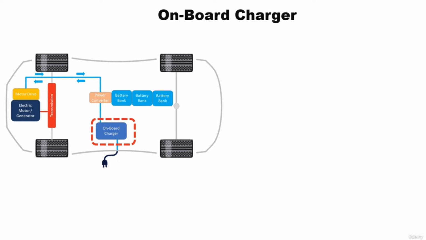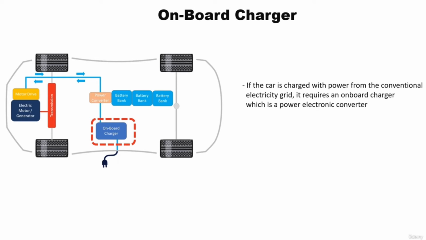If the car is charged with the power from the conventional electricity grid, it requires an onboard charger, which is a power electronic converter. A power converter is made of high power semiconductor devices, which act as high-speed switches. Different switching states alter the input voltage and current through the use of capacitive and inductive elements.